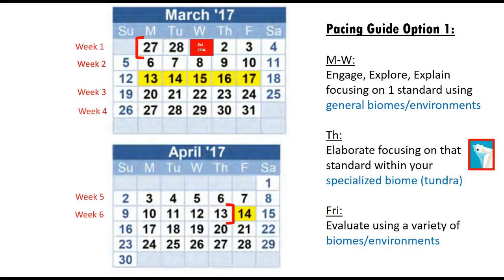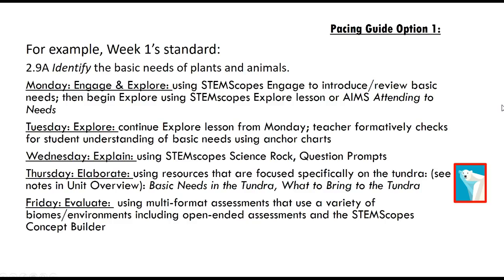So when we look at option 1, the first unit is about 5 days. We might introduce with engage and then explore the first 2 days. You may not have any time to move forward with your lessons for the CBA, but then as we move through here, finishing up our explain, doing our elaborate, and then maybe our evaluate on these days. And so the day that we would talk about the tundra would be here. So generally that's what that would look like on the calendar.